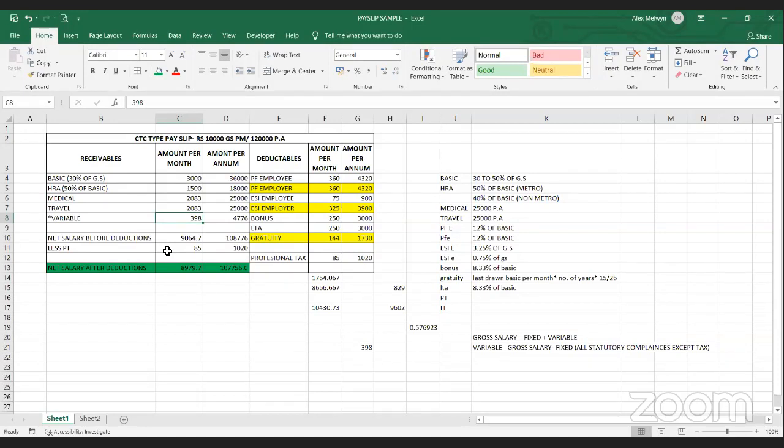The company is doing this because they increase the variability to show you are getting more take home salary. But naturally, what happens is you're losing all the statutory components. They will avoid paying the statutory part also, but not the variable part.